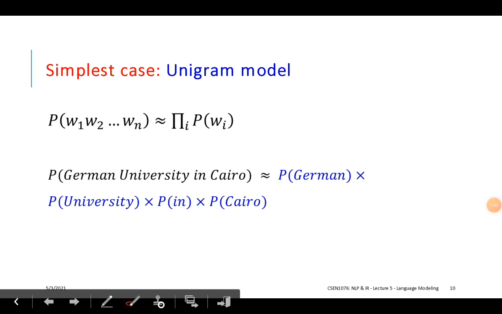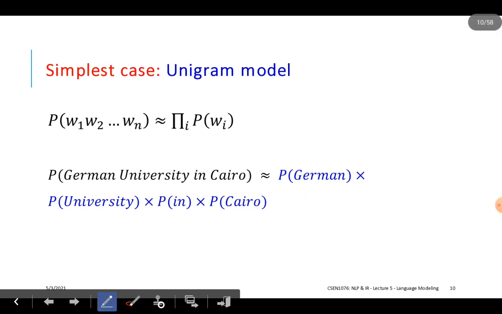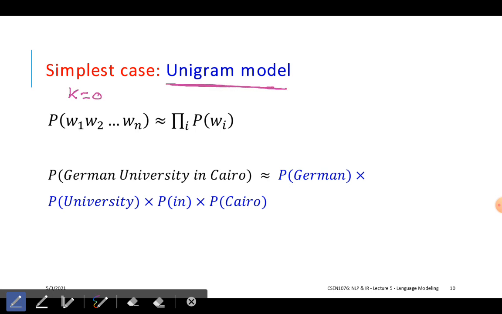What if you use k equal to 0? You end up with a unigram model in which you are using only the word to compute the probability of the sentence.